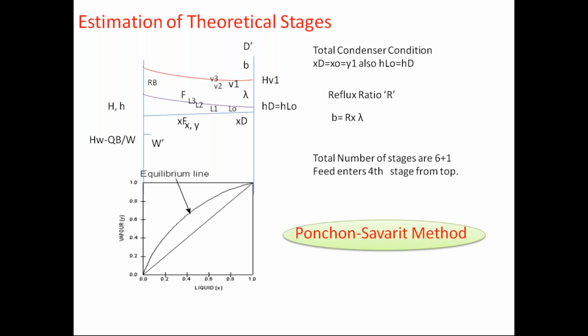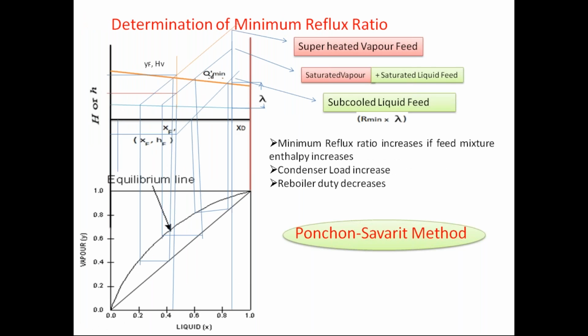Let us see for a complete distillation column how we will be estimating this. So first you have to draw XD, as I told, and you know the R value, then you can find this one by multiplying the R into lambda, then you will get this one, and F can be added such that I will just tell again.